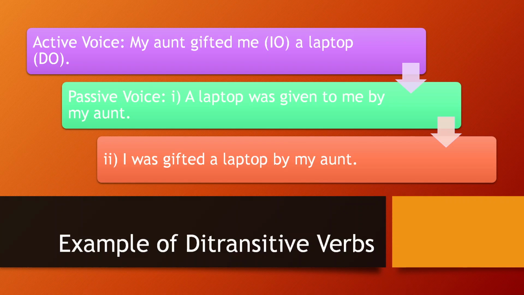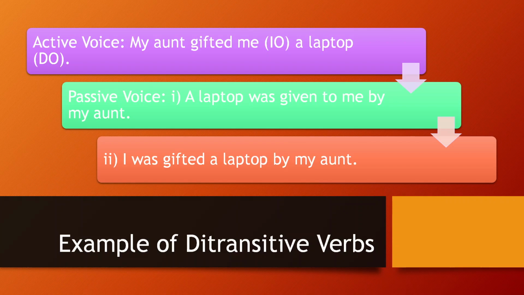That's why here we see, my aunt gifted me a laptop. In this particular sentence, gifted is the verb which has got two objects. One is the direct object, that is the laptop, and one is the indirect object, that is me.